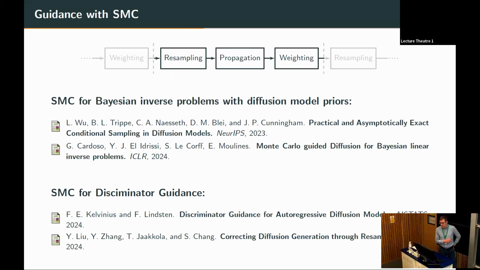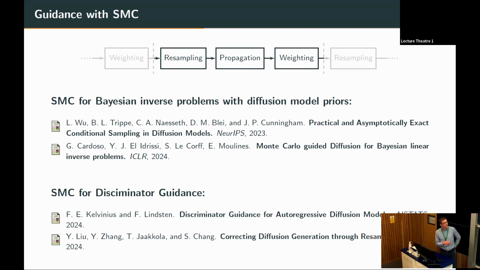And as I said, this has been explored in quite a few papers lately. This is not an exhaustive list of references, but I listed a few that I felt were most relevant to this presentation. There are two, one that was presented at NeurIPS in December last year, and one that will be presented at ICLR.